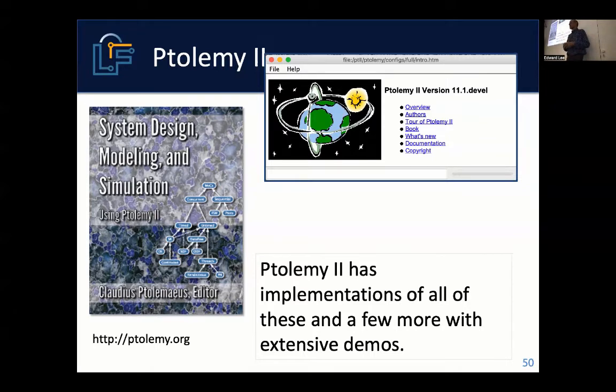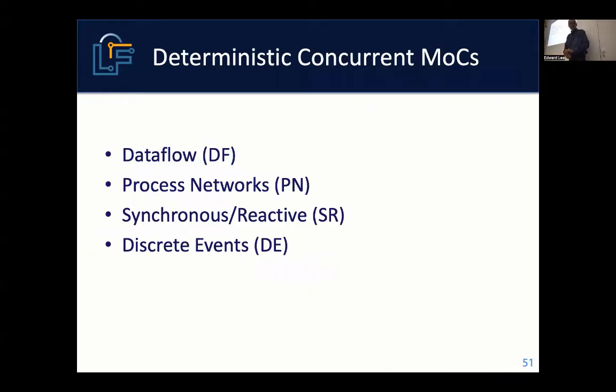That was its goal. So the goal of the Ptolemy system was to be our laboratory for experimenting with ways of doing concurrent and distributed software. And so Ptolemy 2 is open source software. You can download it and experiment yourself with this full rich set of possibilities.